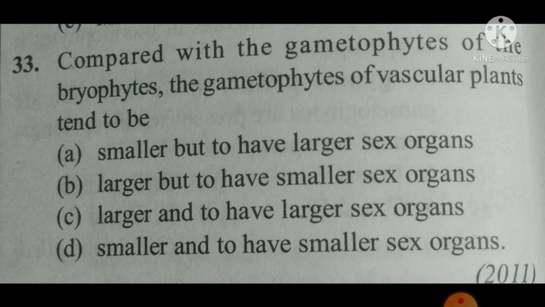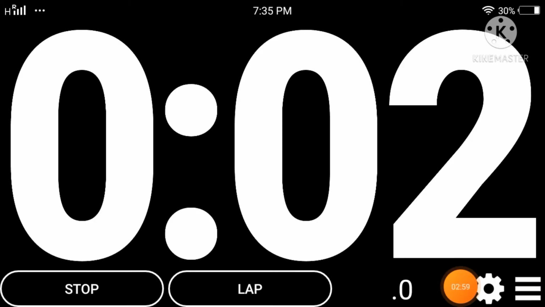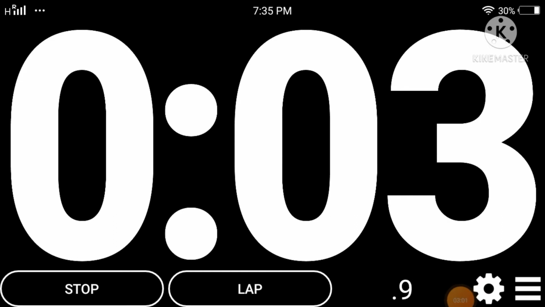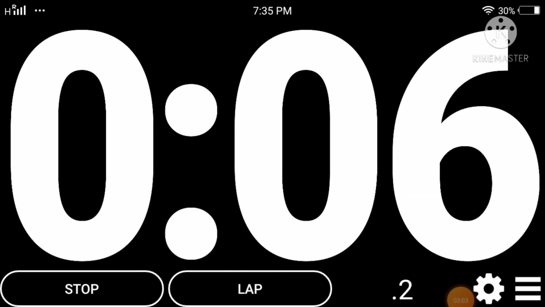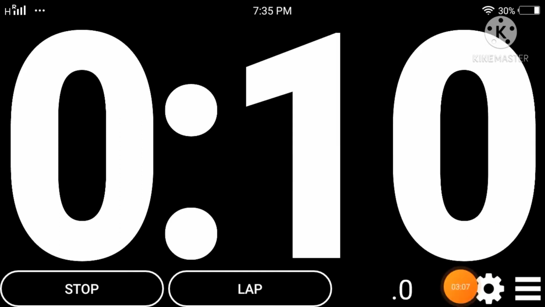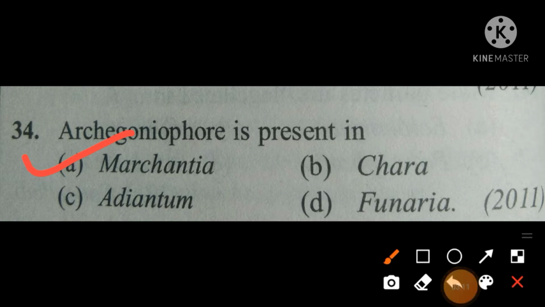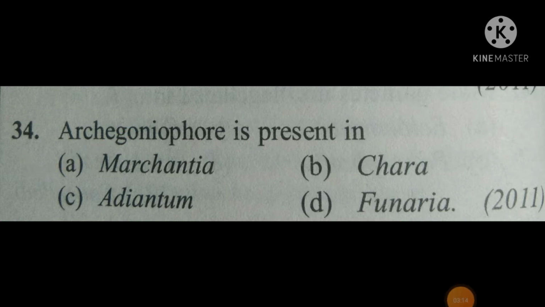So next question. Archegonia is present in A. Marchantia, B. Chara, C. Adiantum, D. Funaria. So the correct answer for this is A. Marchantia. Next question.